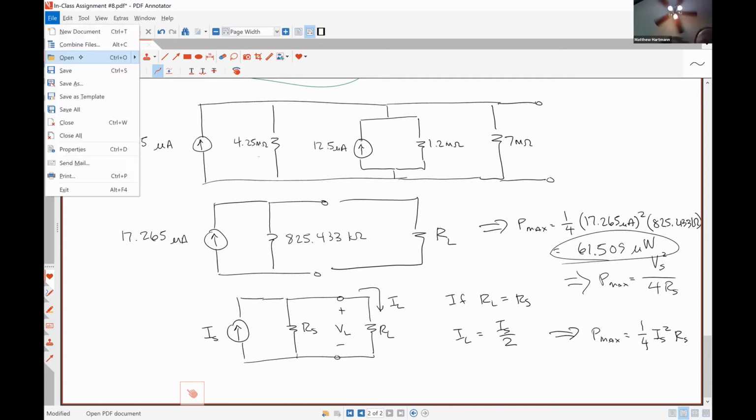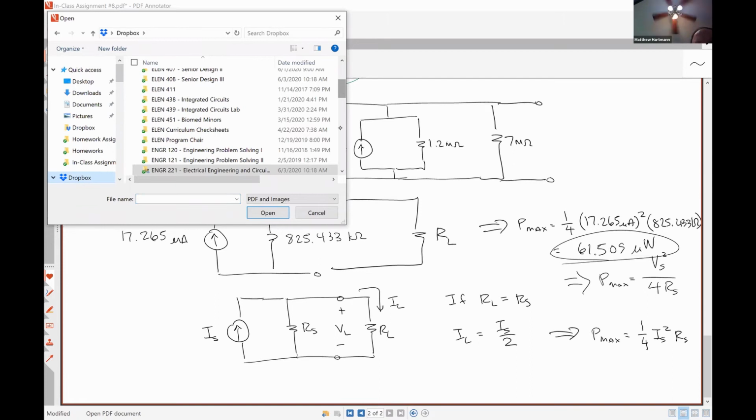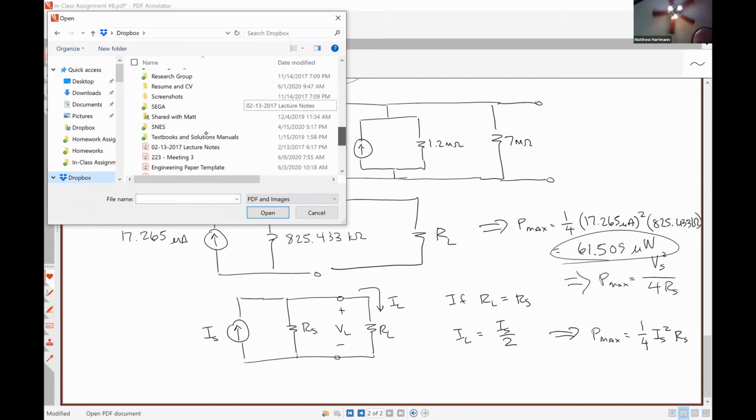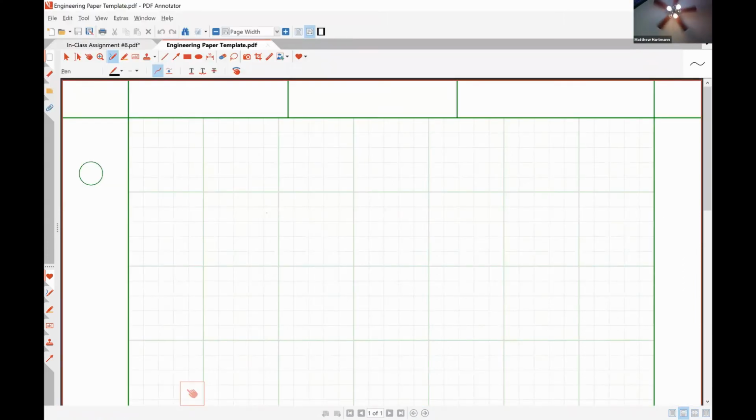File, open. All right, so do you mean in general or specifically for the current source? Just like in this specific case. Okay, so let's say that we have a practical current source.